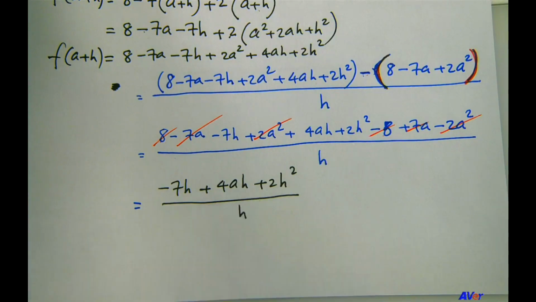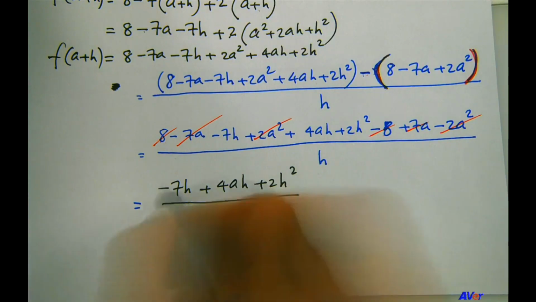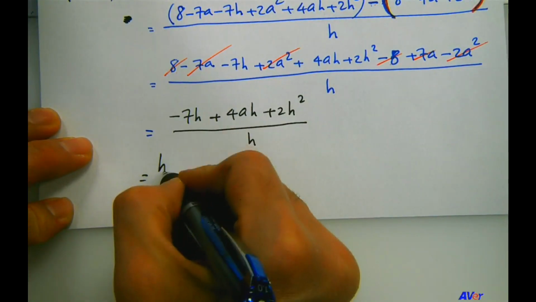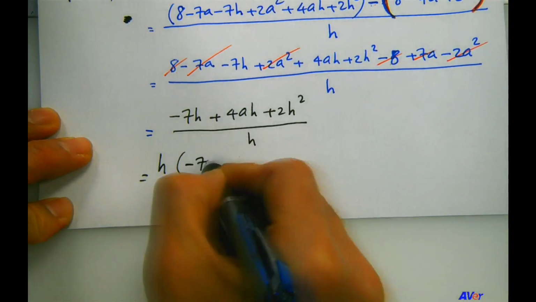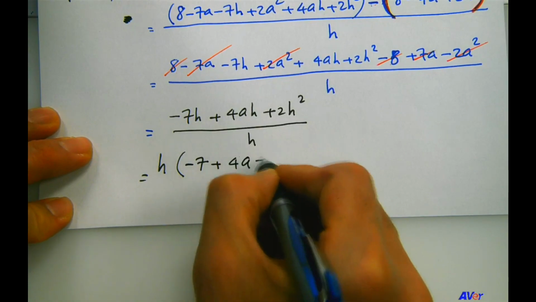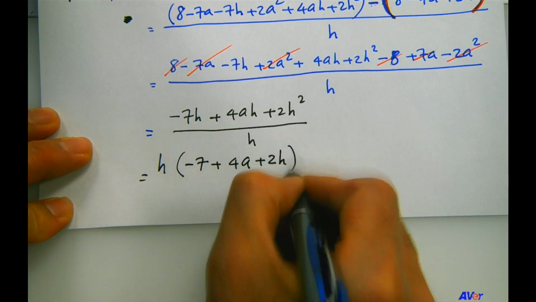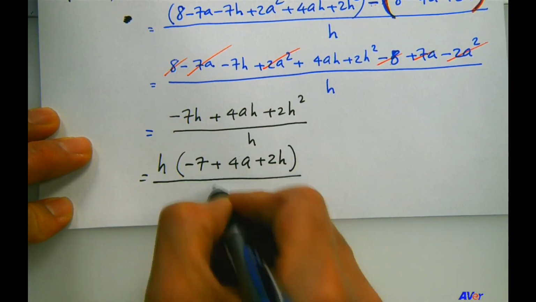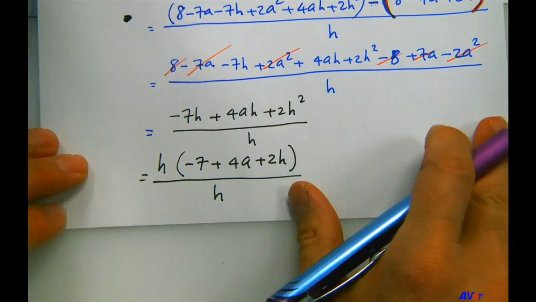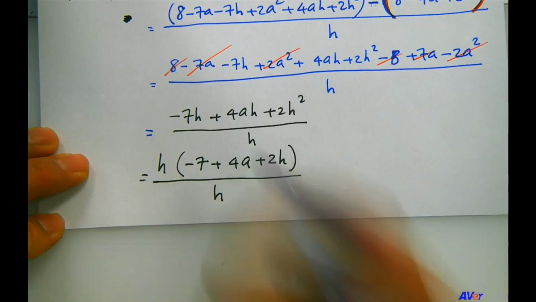Can we factor out h? Absolutely. All 3 terms have h in them. So let's do that. This is equal to h times minus 7 plus 4a plus 2h, all of that divided by h. Right? So now, can we do something to simplify?